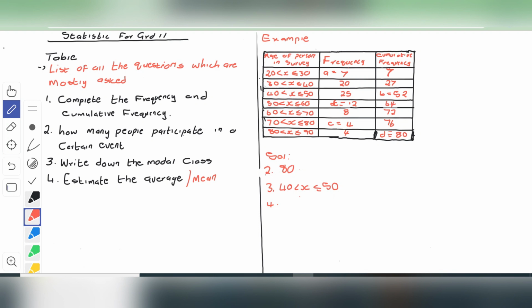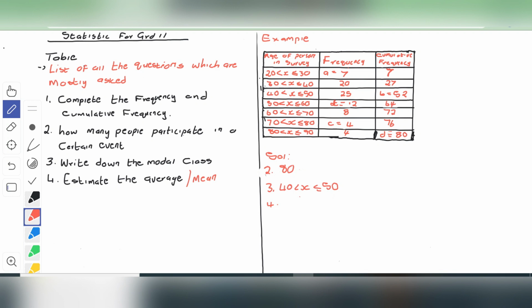Remember, whenever we're estimating the mean, given a data set, we add all the data and divide by what? By the total number of the data set. So what you are going to do here, you choose any number between 21 and 30.